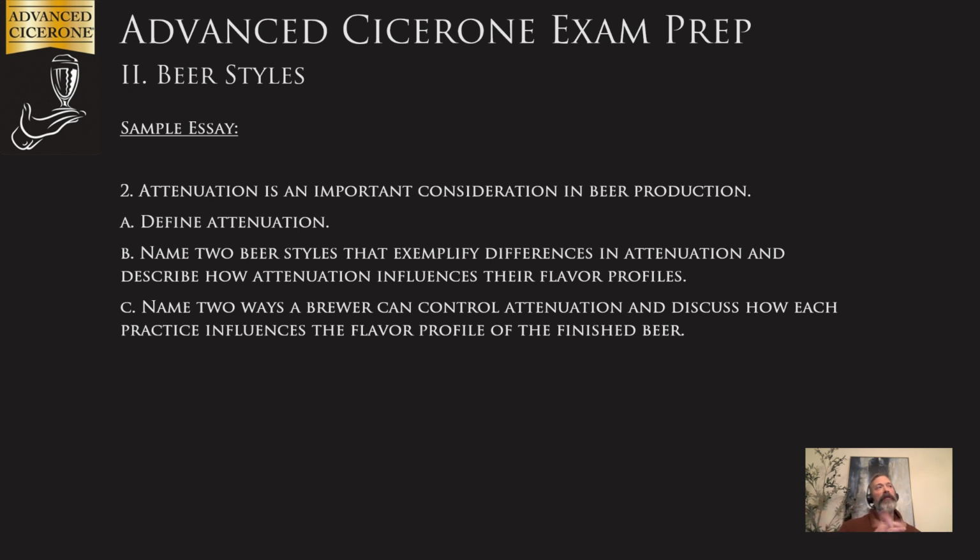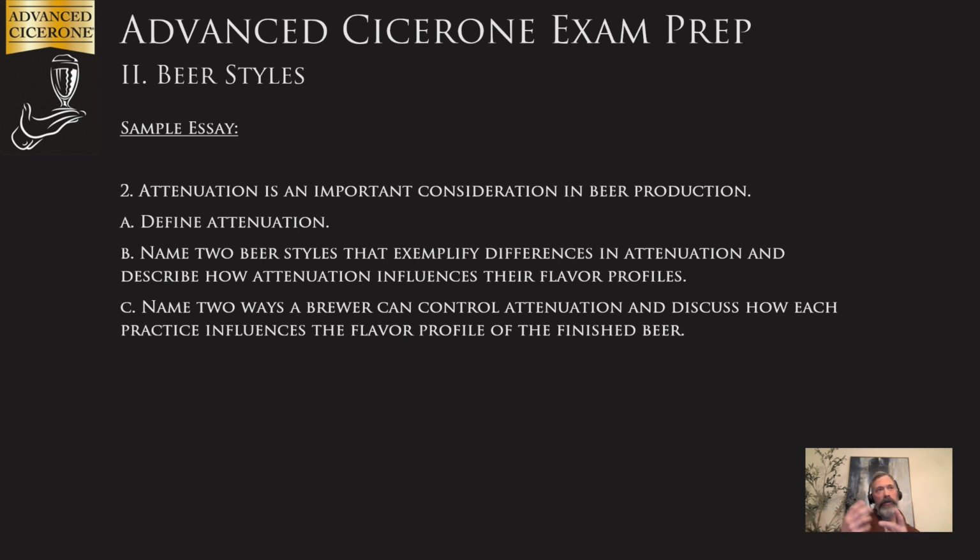So I took a couple of the samples right from the Cicerone website. These essays are really insightful to see how the questions are worded, so you can get prepared. What would you be expected to be able to spew out? What kind of knowledge? Here's a sample essay. They talk about attenuation. They want you to define attenuation and then name 2 styles that exemplify differences.